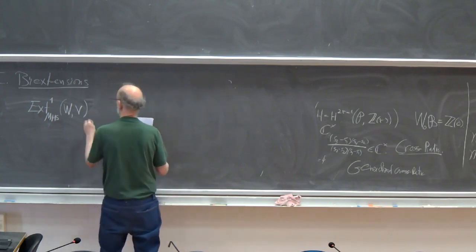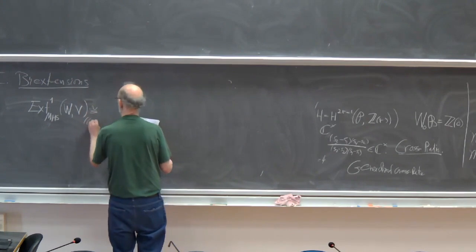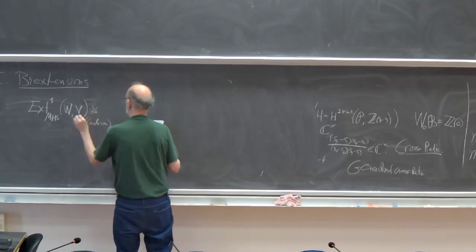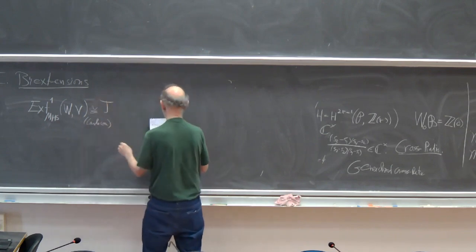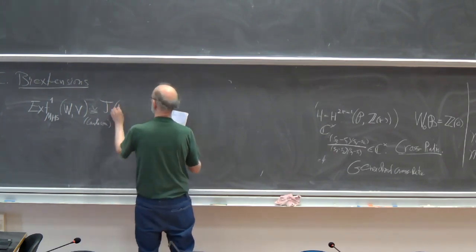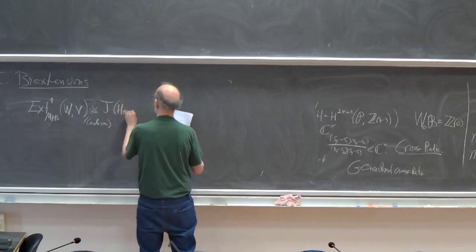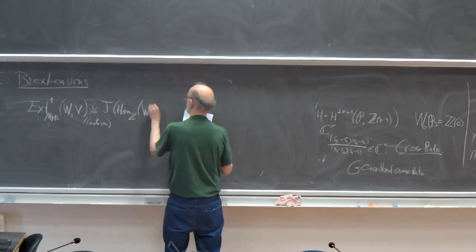And the result of Carlson is that this is isomorphic to the points of the Jacobian of the Hodge structure, which is Hom Z of W, V.